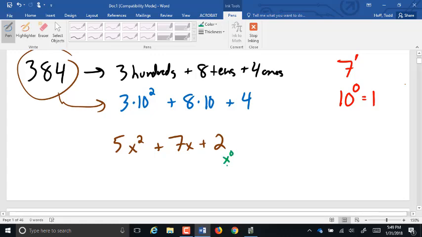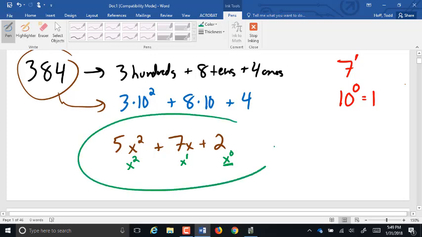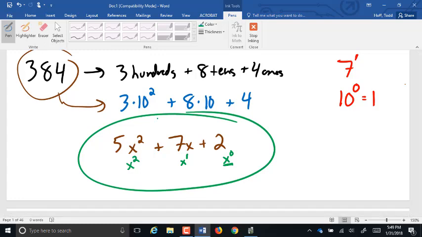This is the ones place, or the x to the 0. This is the x to the 1, or just the x place, and the x squared place. Because of that, we can work with these algebraic numbers exactly like we work with our whole numbers.